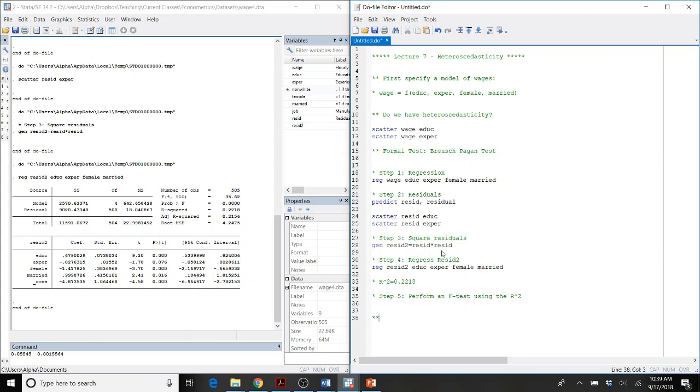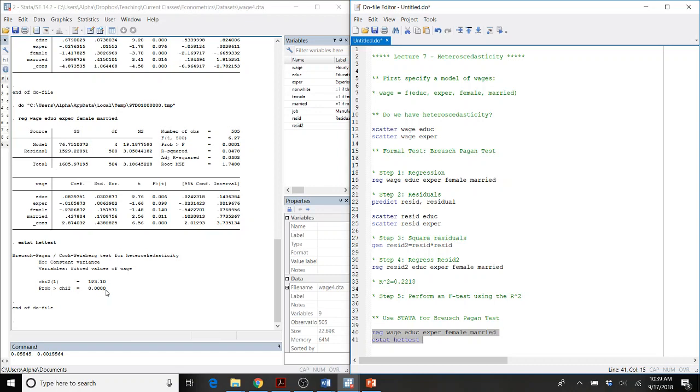Let's use Stata now. All right, so now we're going to do the Breusch-Pagan test using the Stata command. It's pretty straightforward. Wage, educ, exper, female, married. All right, and we do estat hettest. Estat hettest, that's our Breusch-Pagan test.